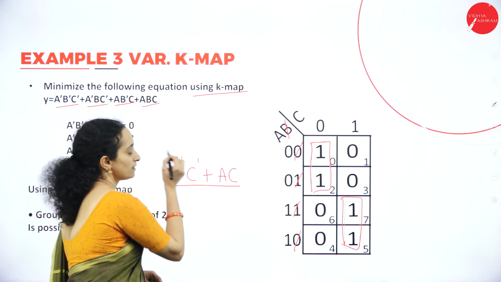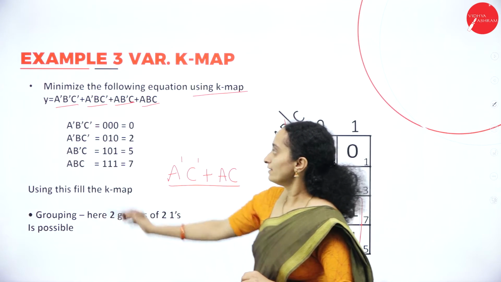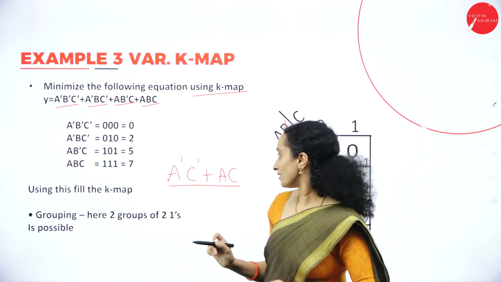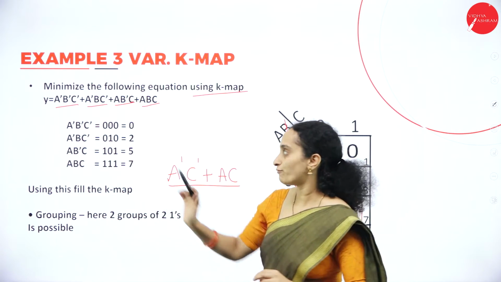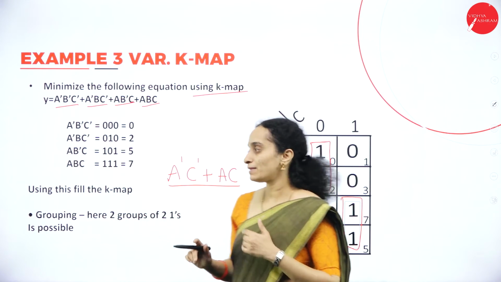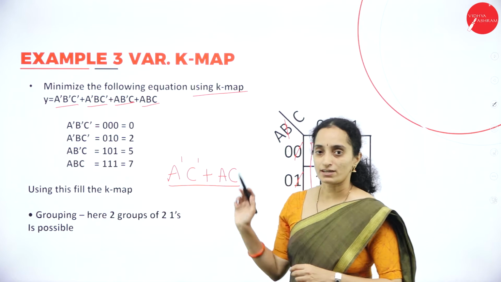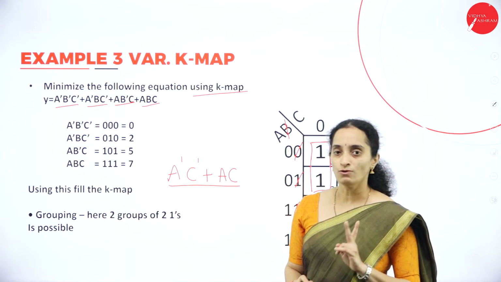Okay, this is the simplified expression from the function with 4 minterms and 3 variables. We have 4 minterms with all the 3 variables. It has been reduced to a function of 2 minterms with only 2 variables.